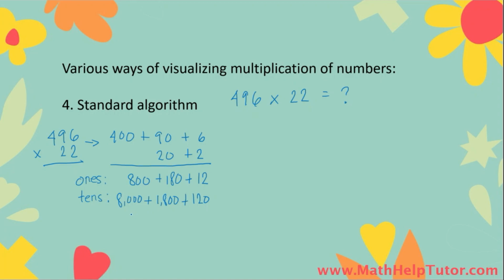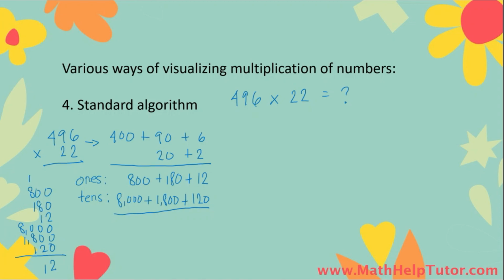So adding all of these numbers together, let's use the standard algorithm to get the answer. So we have 800 plus 180 plus 12 plus 8,000 plus 1,800 plus 120. So for the ones place, we have 2. For the tens place, we have 8 plus 1 plus 2. That's 11.